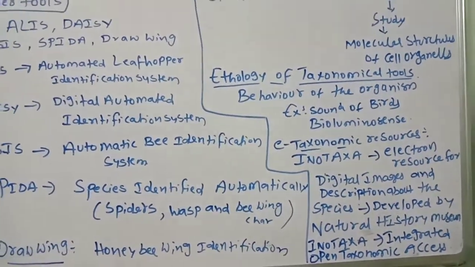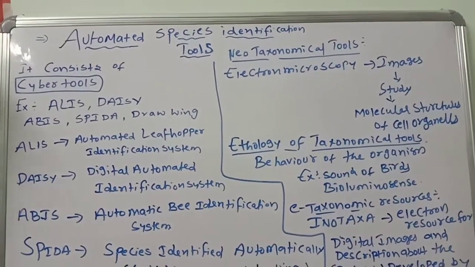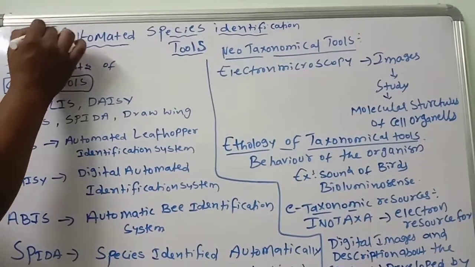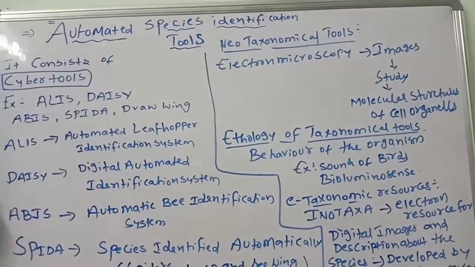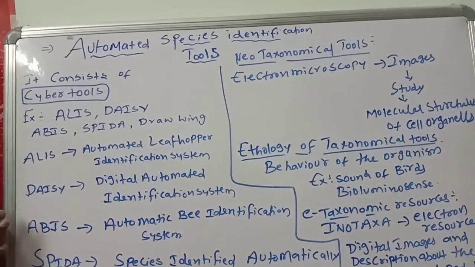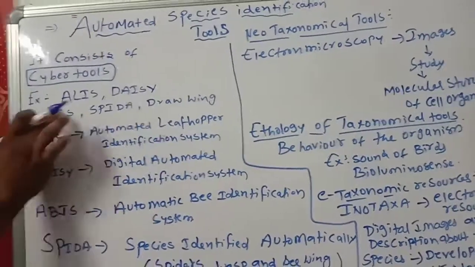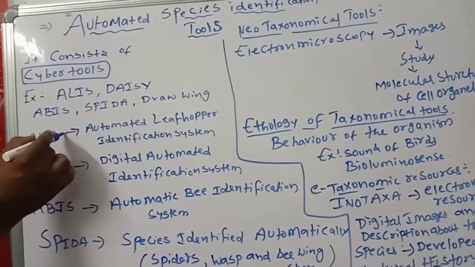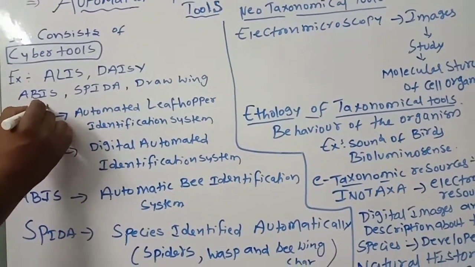So once again, come to the concept, children. Automated species: in the name itself there is automation, automated itself. It consists of cyber tools, self-identification like that. What are they? ALIS, DAISY, ABIS, SPIDA, DRAWING. ALIS means Automated Leafhopper Identification System. Abbreviation important.